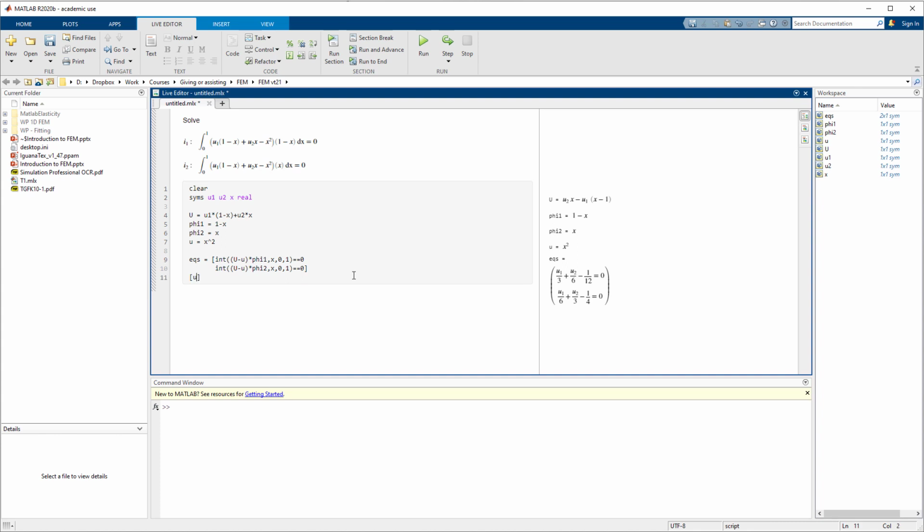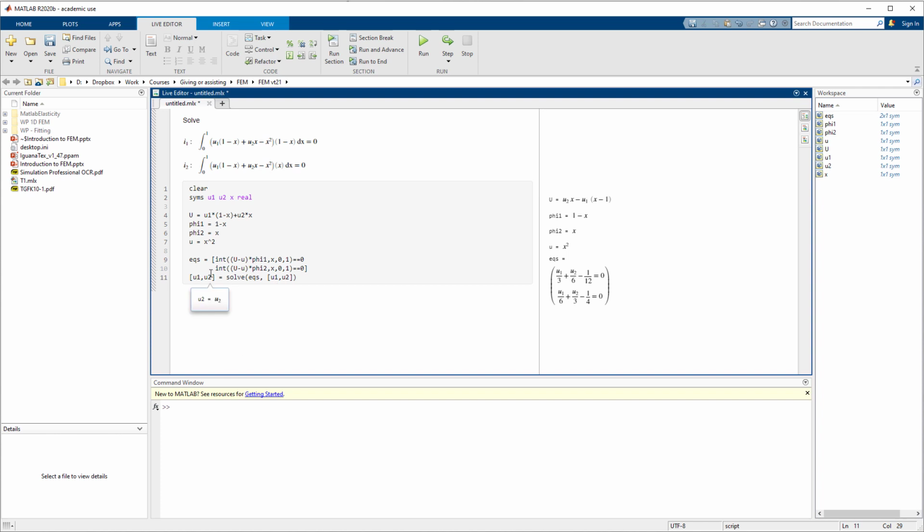So I can do it like this, u1 and u2. I can state what output I want, and then I send this to solve, telling it I want to solve these equations, and then I need to state what variables it's going to solve for. If I omit this, it will still work, but the order is going to be arbitrary.